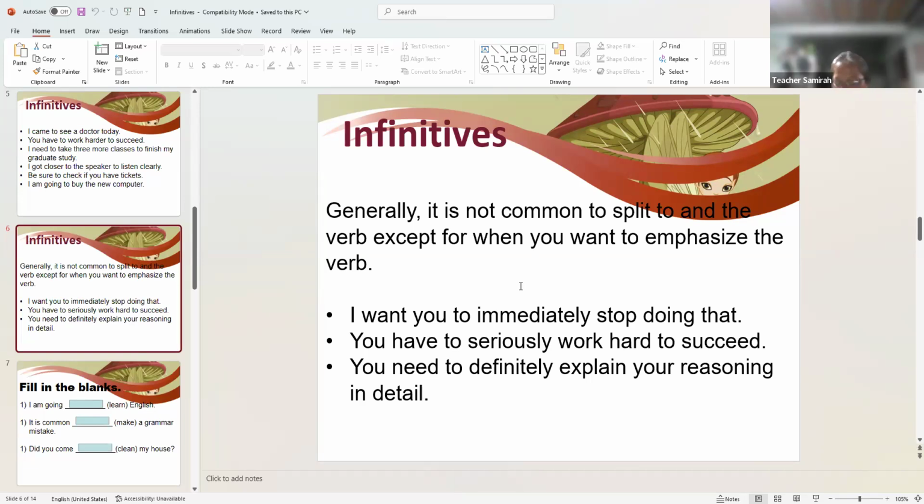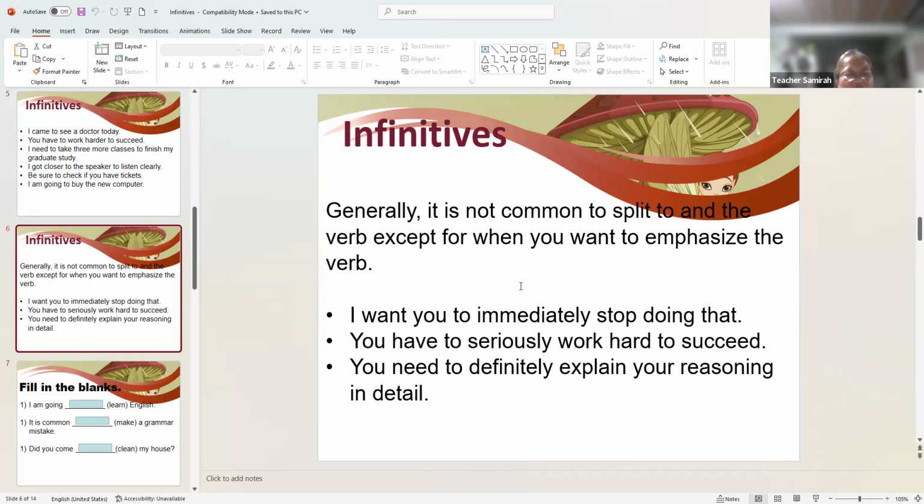So we do not simply say that to be, to make, to play, something like that is just an infinitive. But if we really try to understand the words, if the word is trying to emphasize the verb, then although to and the verb are not combined together, or they are not beside each other, it is still considered an infinitive.